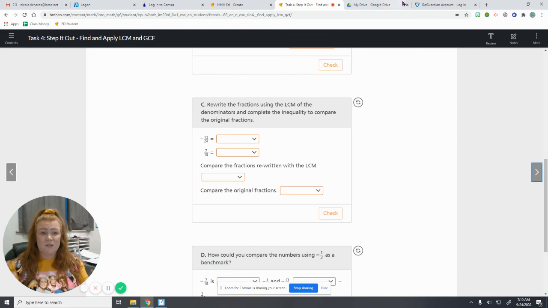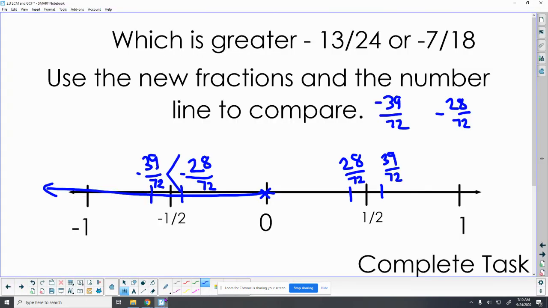So we said that negative 28 over 72 was greater. So connect which one equaled negative 28 over 72, which was 7/18. So that means that negative 7/18 is greater than negative 13/24.